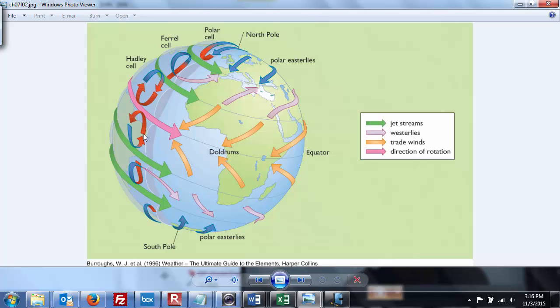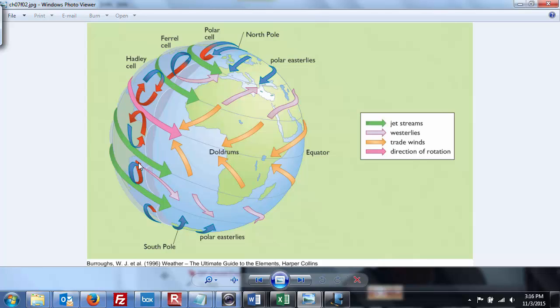So you can see this particular portion of the Hadley cell. You've got the surface heating around the equator. This hot air is more or less going up from the equator, reaches higher elevations, cools down, and you sort of get this circular motion, if you will.